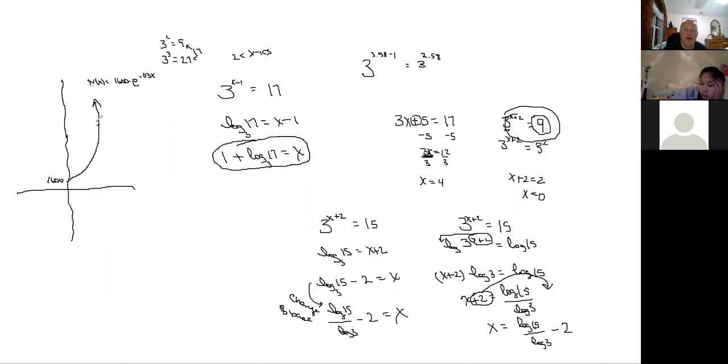Now, x is the number of days from the beginning of the pandemic. I don't know, maybe this is Alaska or something like that. It's definitely not New York. It's one of those states that has very few coronavirus cases.